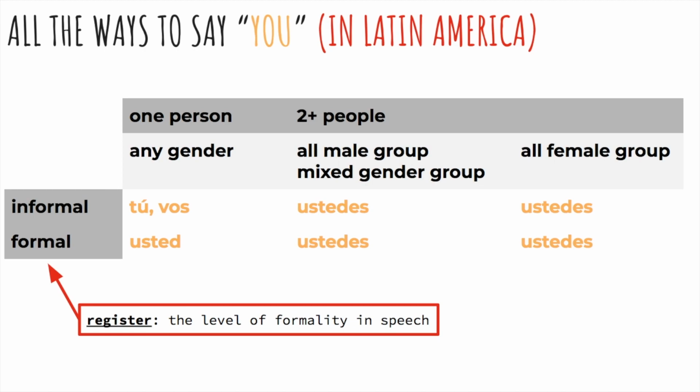Note that the formal usted is used quite frequently in Latin America as a sign of respect. And in some parts of Latin America, there is yet another informal, singular version of you, vos. The use of vos varies from region to region and will be addressed in a separate video.